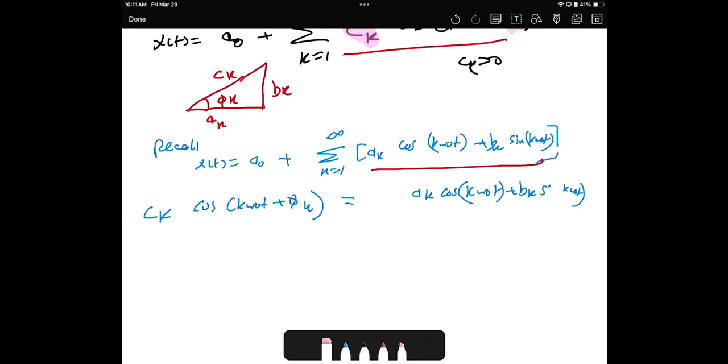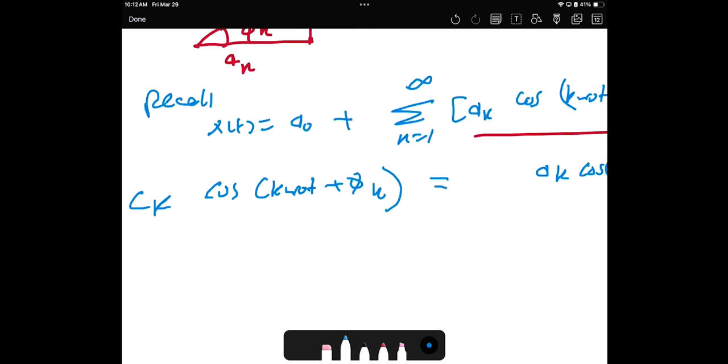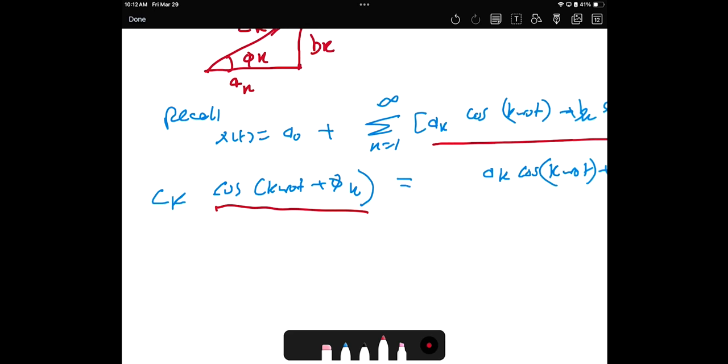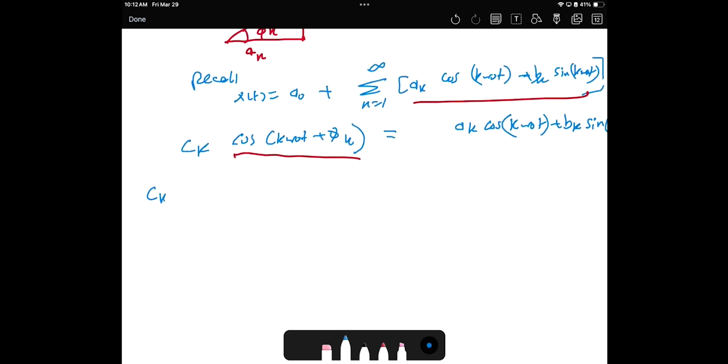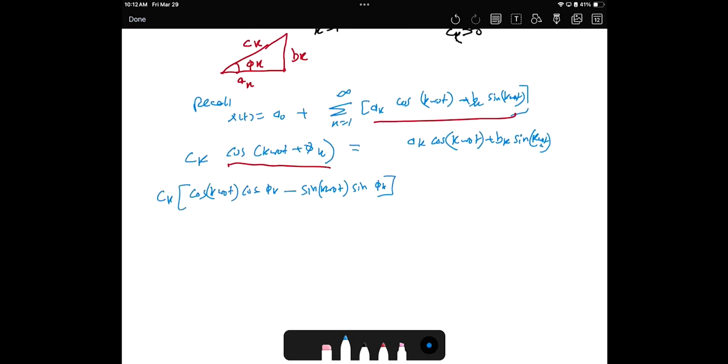Now how can this part equal this part? Basically, there is a trigonometric identity for the cosine of a sum of angles. Using the trigonometric identity, this yields c k cosine k omega naught t cosine phi k minus sine k omega naught t sine phi k. Then this equals a k cosine k omega naught t plus b k sine k omega naught t.